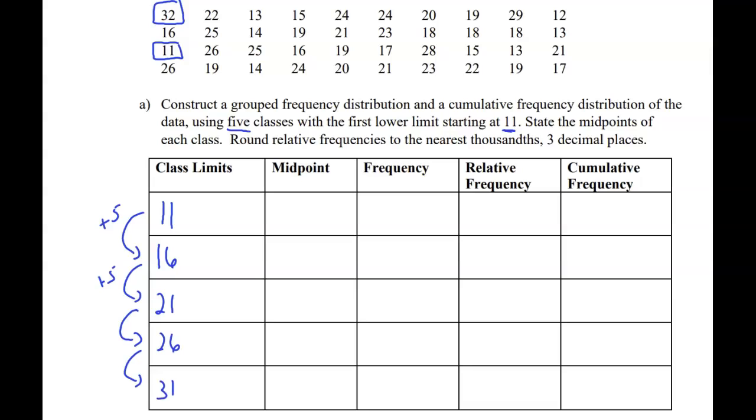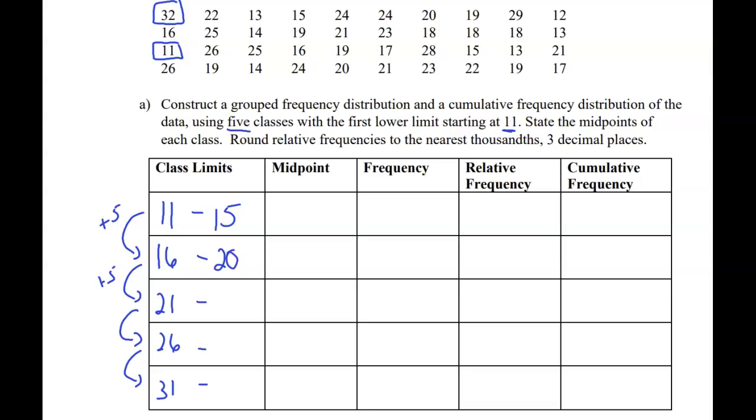Then I go back in to fill in those upper limits. So if this class starts at 16, I'm going to subtract 1, this class is going to end at 15 because they have to be continuous. If this class starts at 21, this class is going to end at 20.